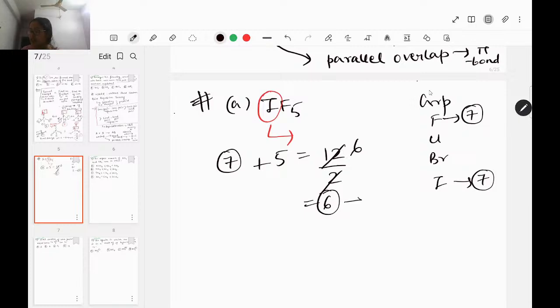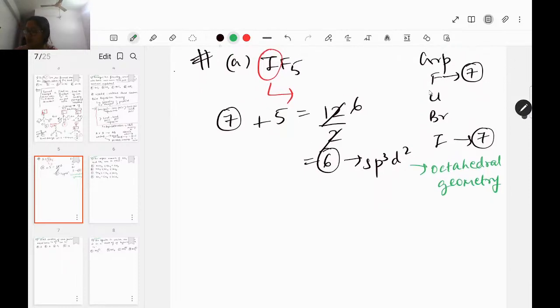6 is for which hybridization? sp3d2. 1, 2, 3, 4, 5, 6. Yes, so it is sp3d2. And what did I mention? sp3d2 always has an octahedral geometry. Now, how does it look? Let me draw.